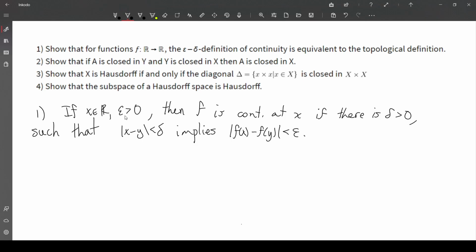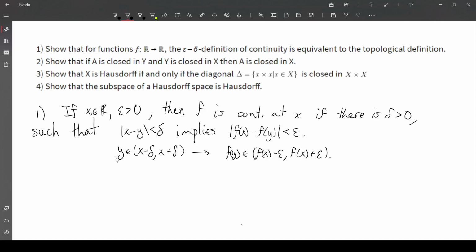So in other words, I can always find some delta such that whenever y is within delta of x, so y is in the interval x minus delta to x plus delta, then f of y is in the interval f of x minus epsilon to f of x plus epsilon.